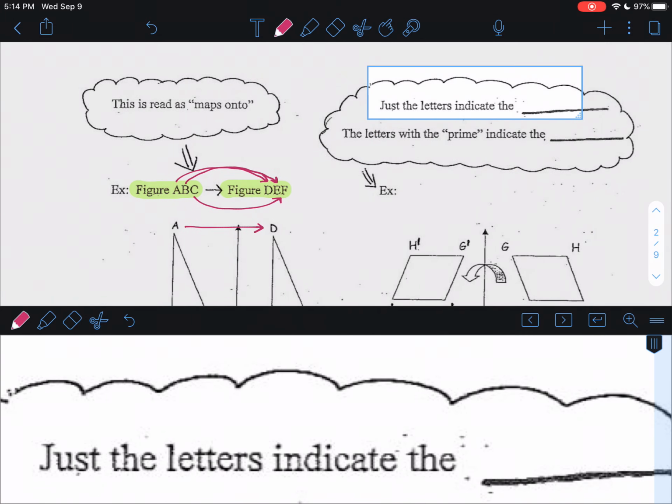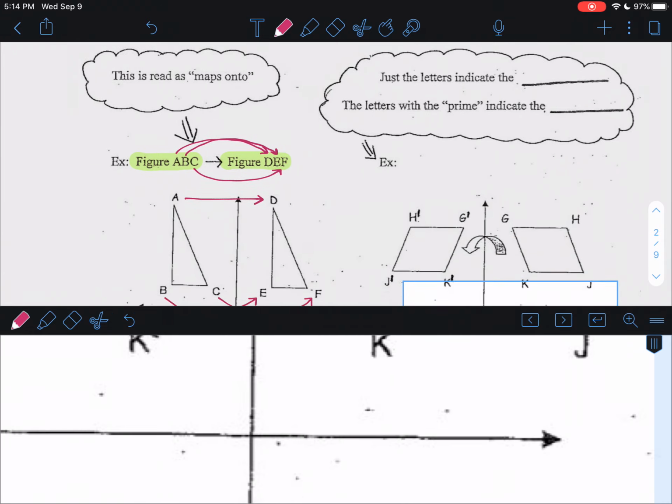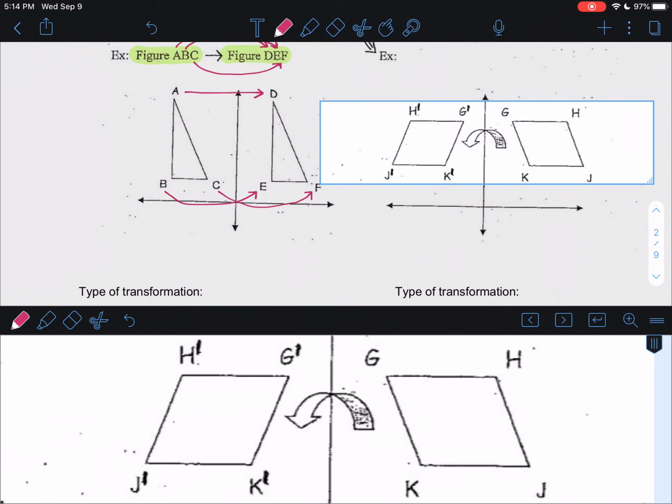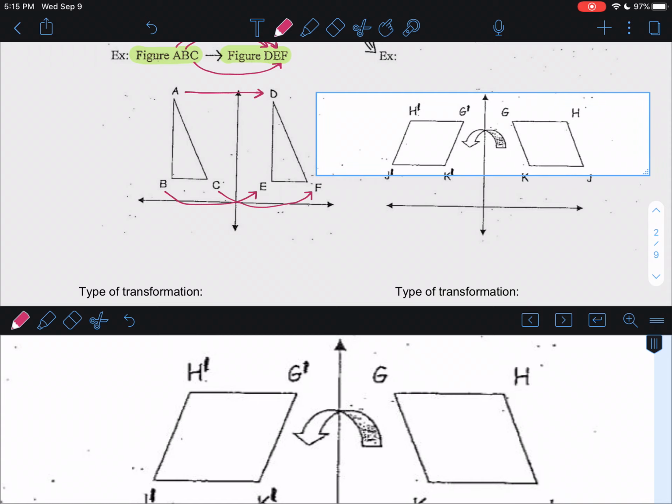So another thing we might see is figures like this. So here we have a reflection. It's being reflected across the y-axis. And you can see that we have G mapping onto this G with the little 1, it looks like. It's not a 1.